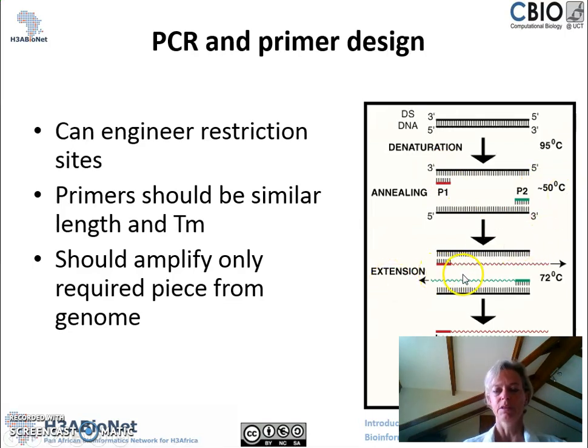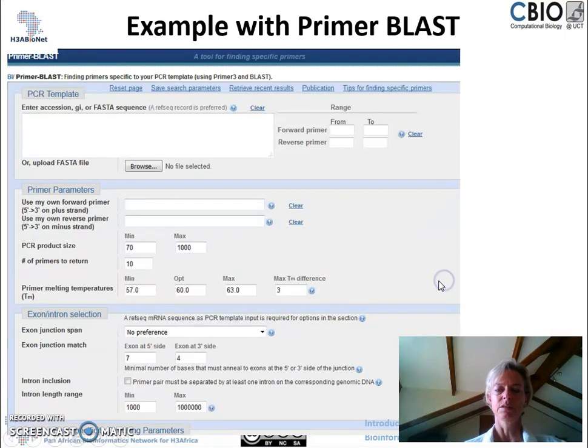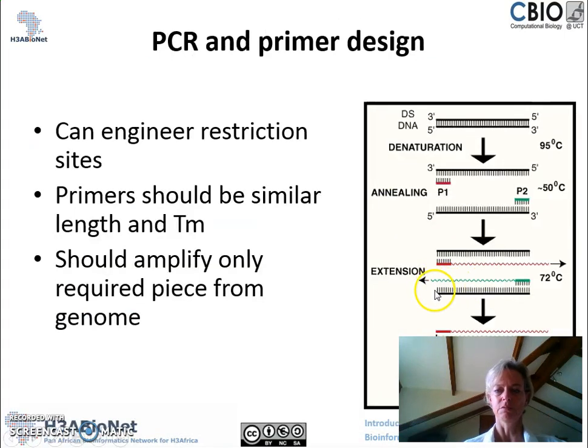We use Taq polymerase, which can work at high temperatures. This continues as though you're doing DNA replication and just synthesizes the strand in that direction, and synthesizes the strand in that direction. And then you end up with two double-stranded copies of just this piece that you wanted to amplify.